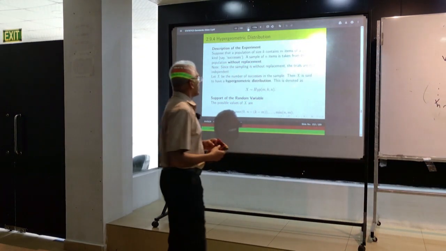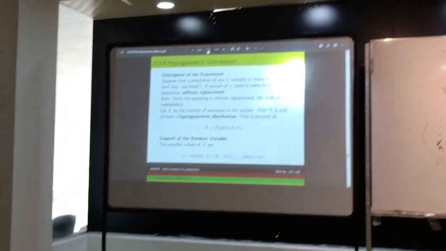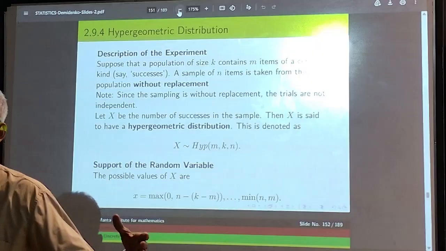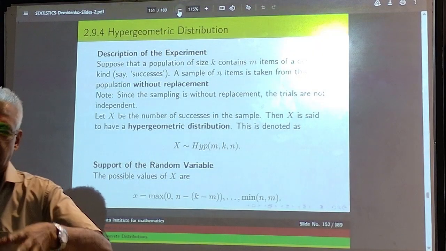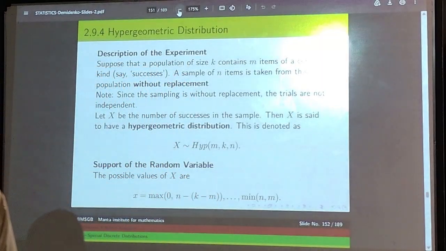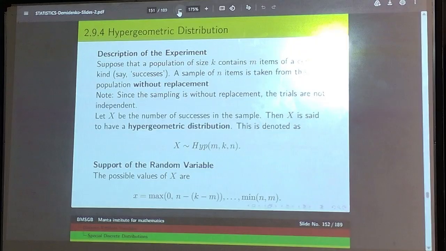Suppose that the population of size k contains m items of a certain kind. Each item in the population can be categorized as a success or failure. Suppose in the population there are altogether k items, and out of them m items are successes.